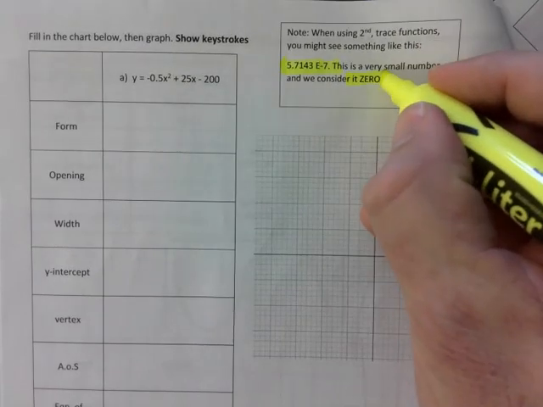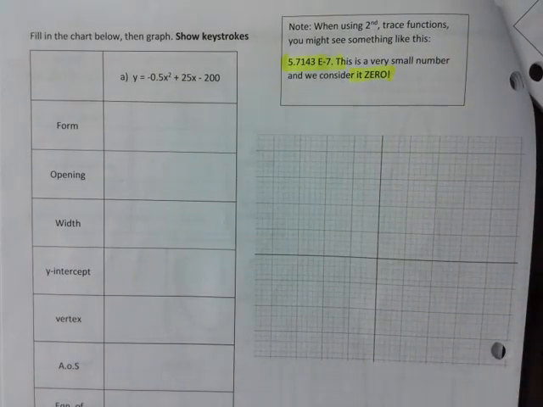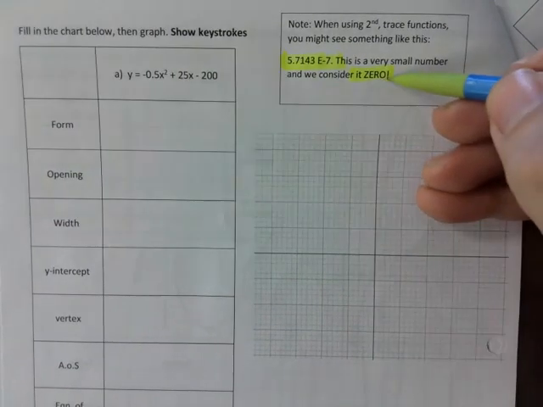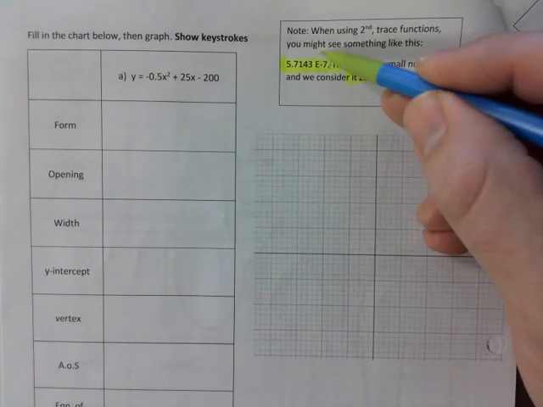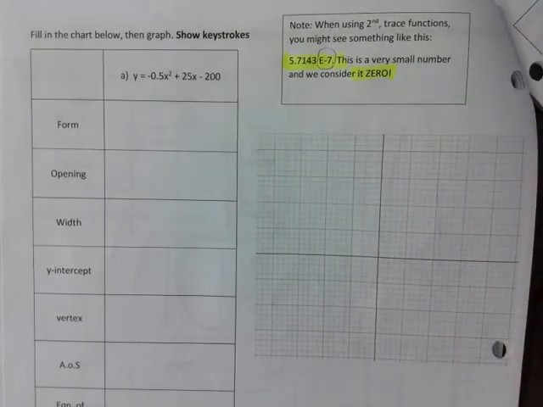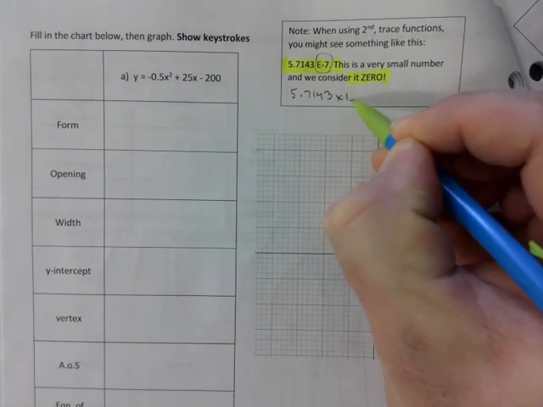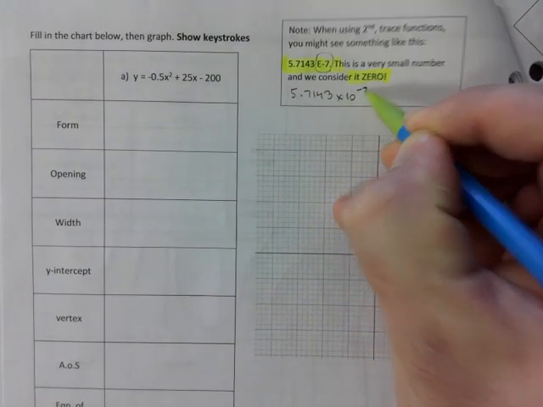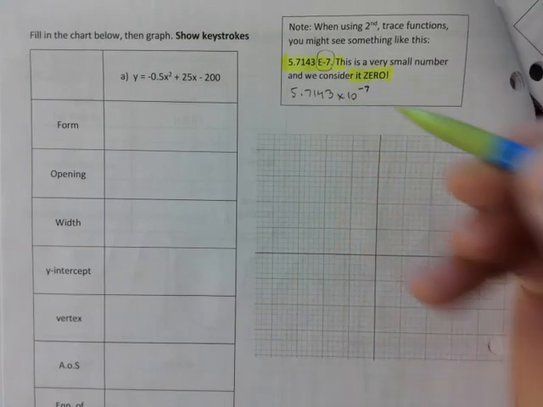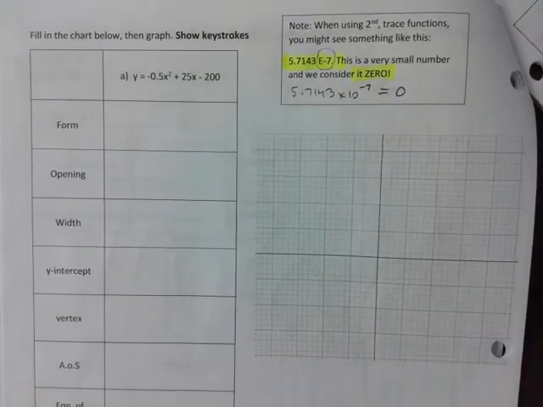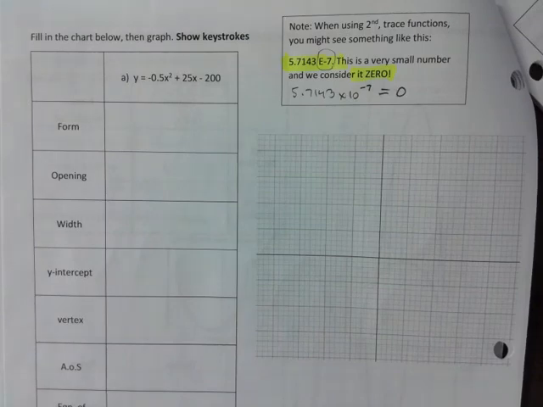For us, we don't have those significant figures in this course. We don't go to like 6 decimal places. We just call that 0, okay? Technically what that is saying is times 10 to the negative 7. That's the calculator way of saying it. We're just going to say that's 0. We're not going to bother with that. Okay, that's the first disclaimer, because that happens a lot.